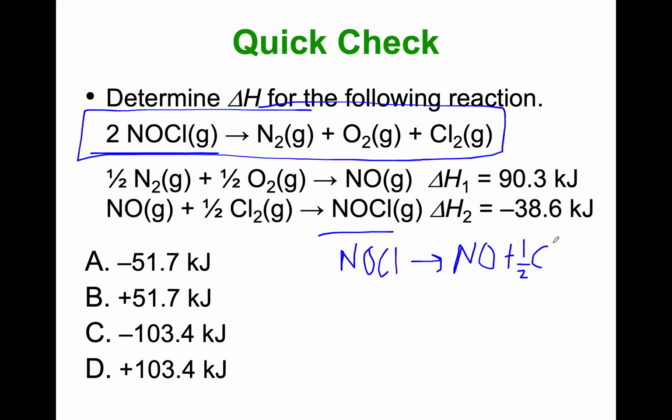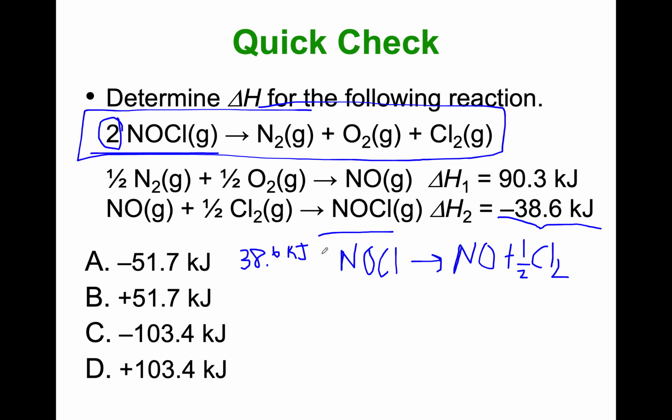So what happened earlier when we switched a chemical reaction? If we switch a chemical reaction, that means we've got to flip the sign. So I flipped the sign now, 38.6 kilojoules.